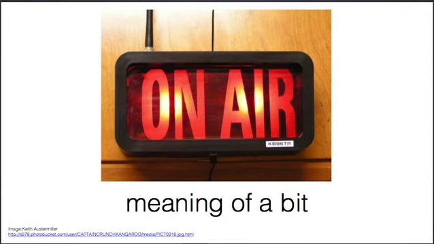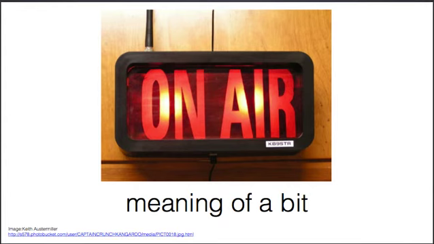Similarly, in a radio station, if the red light is on, that means we're actually live on air, so don't barge in looking to know the latest scores of the match. And if the light is off, you can walk in and chat away. Again, that's just a convention.